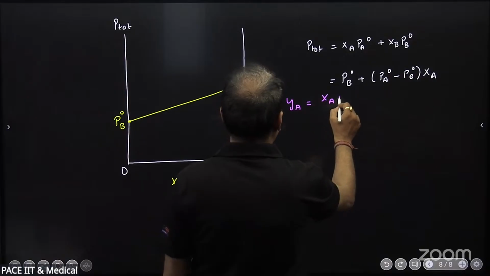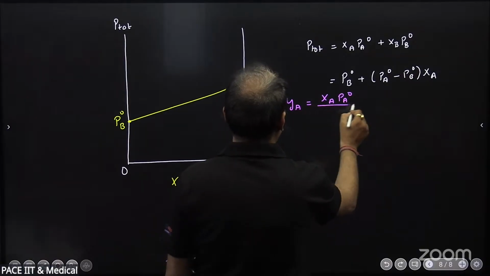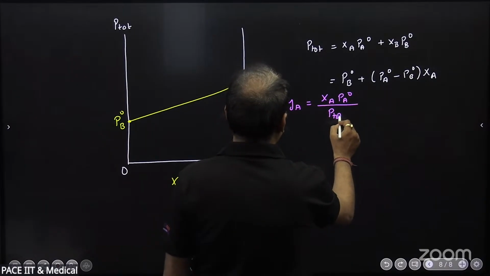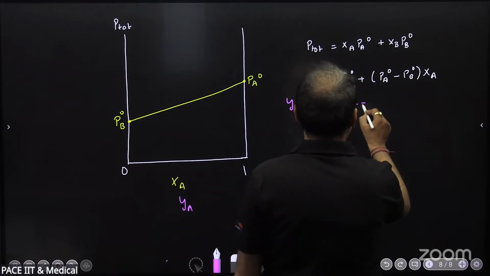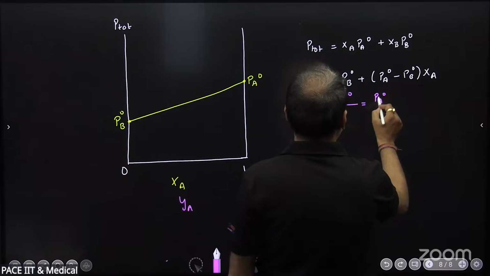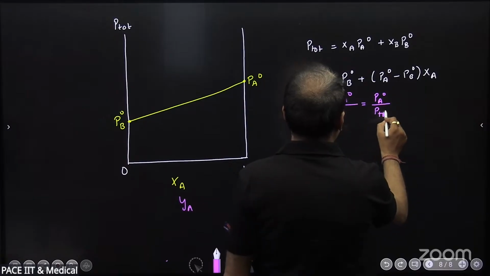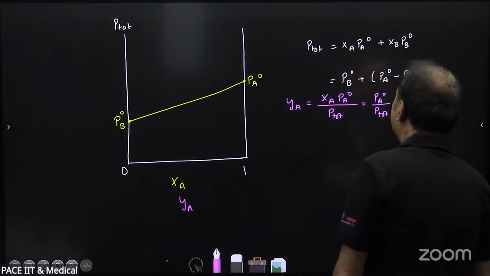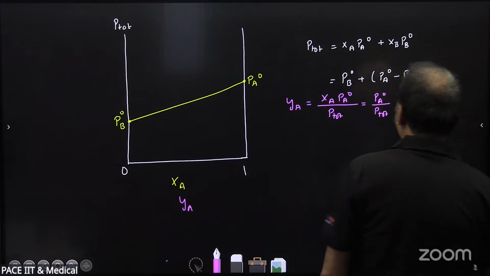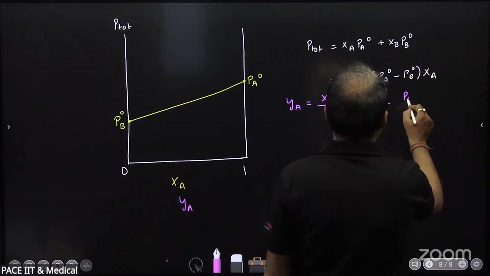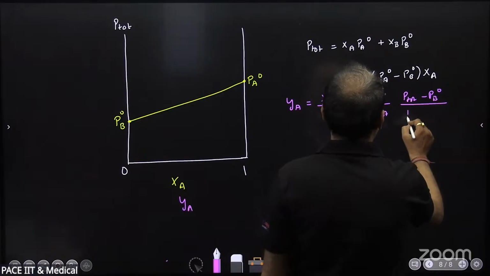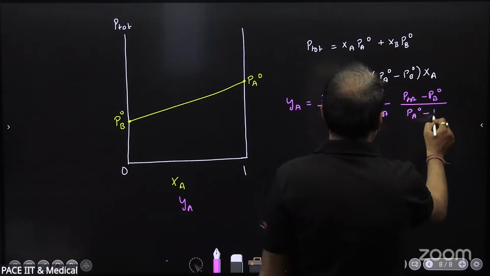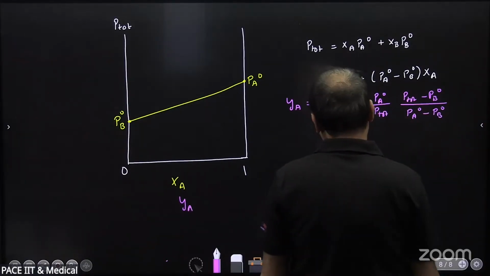YA is equal to XA PA naught by P total, correct? Which I can rearrange and write as PA naught by P total into XA. From the above equation, I can write XA as P total minus PB naught upon PA naught minus PB naught, correct?